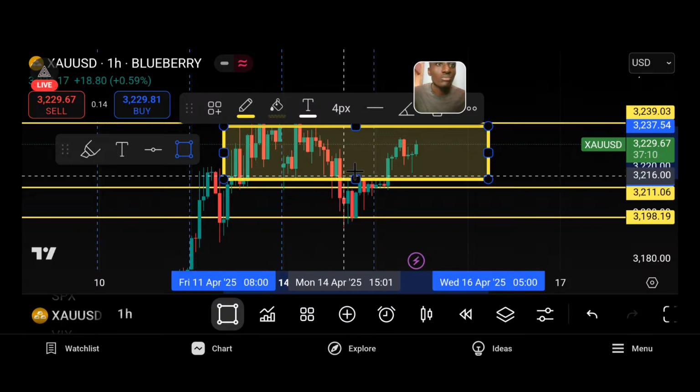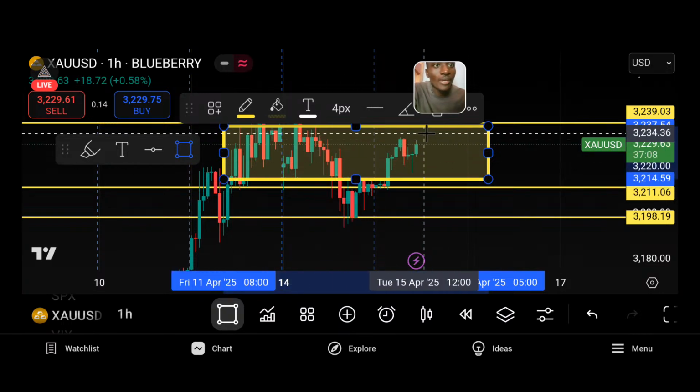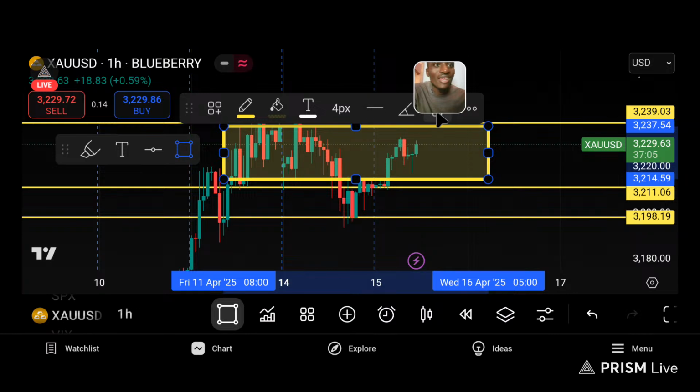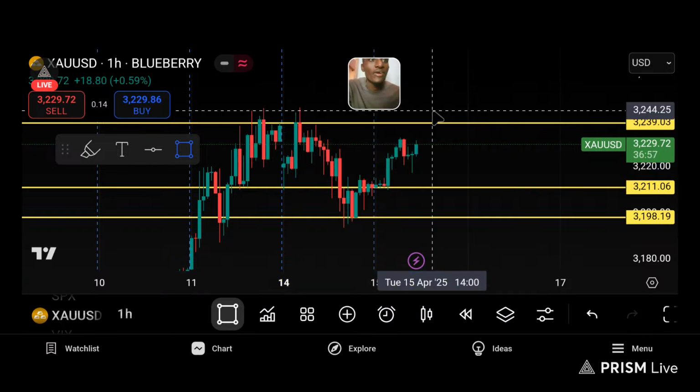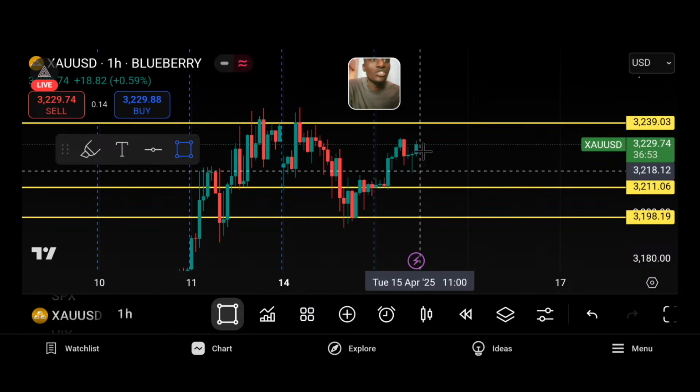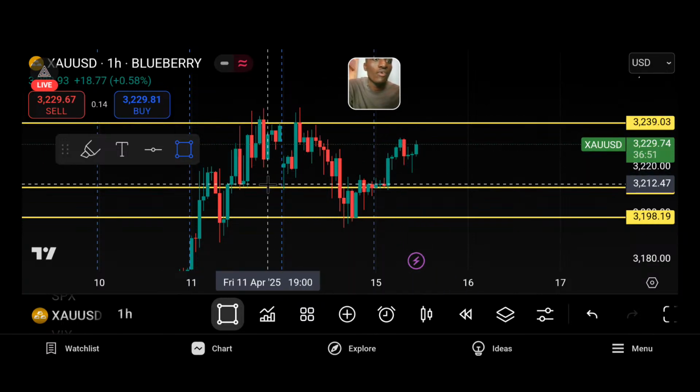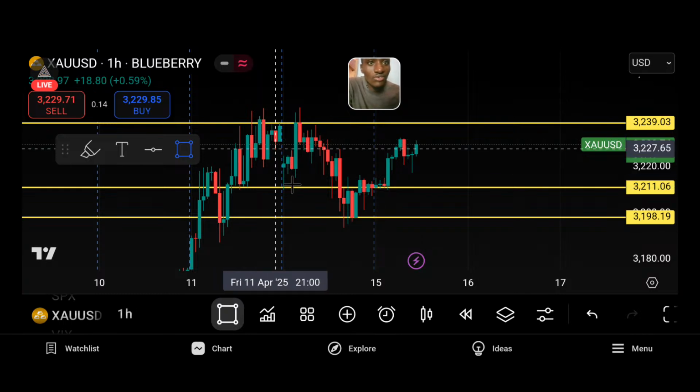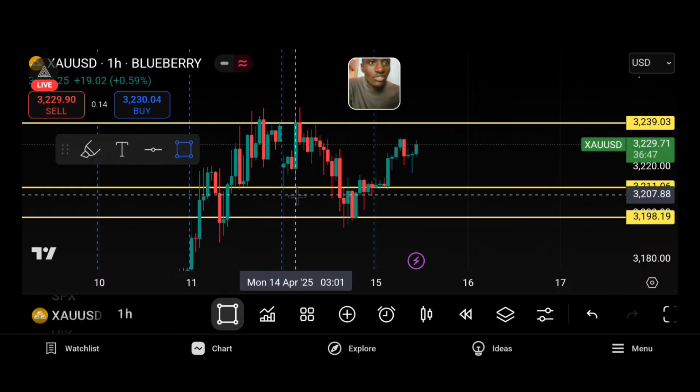I would advise you to not be trading this range, because you may get chopped out. There's a lot of drama in this range. Let me go right there and delete it. Oh my god, I'm just muting myself. Let me move this right there. All right. So you don't want to be trading this range.